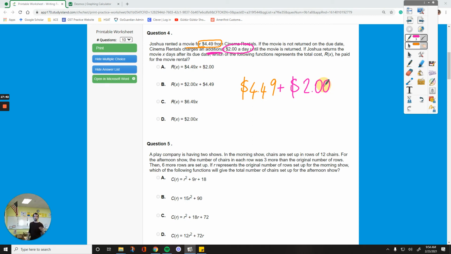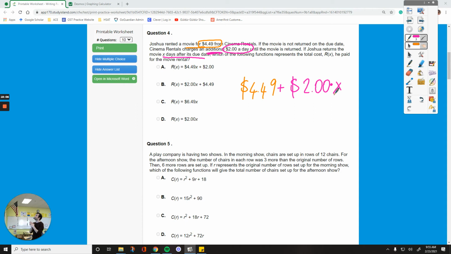How many days is he gonna be late? Do we know that? Let's figure it out. So I need to multiply this by the number of days. If it's 2 days late, I'll multiply it by 2. If it's 5 days late, I'll multiply it by 5. If he returns the movie X days after its due date, so we don't have the number, we have a variable for the number of days, so it's times X. So that's how much he'll pay.